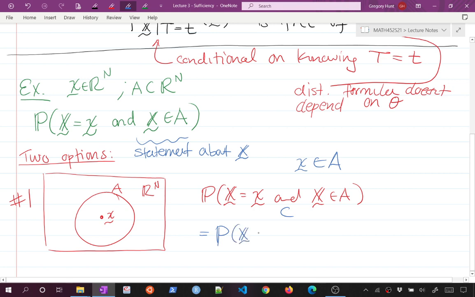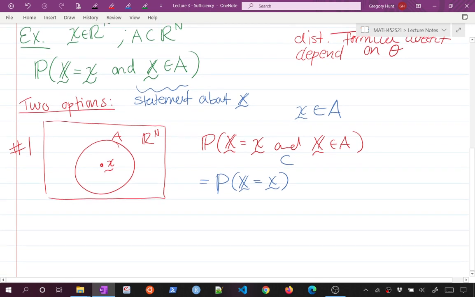This is just the same thing as saying the probability that X is equal to little x, because that's the more specific event, right? It's basically a subset relationship. But the probability that X is equal to little x and X is in A is just the probability that X is equal to little x. That's option 1.